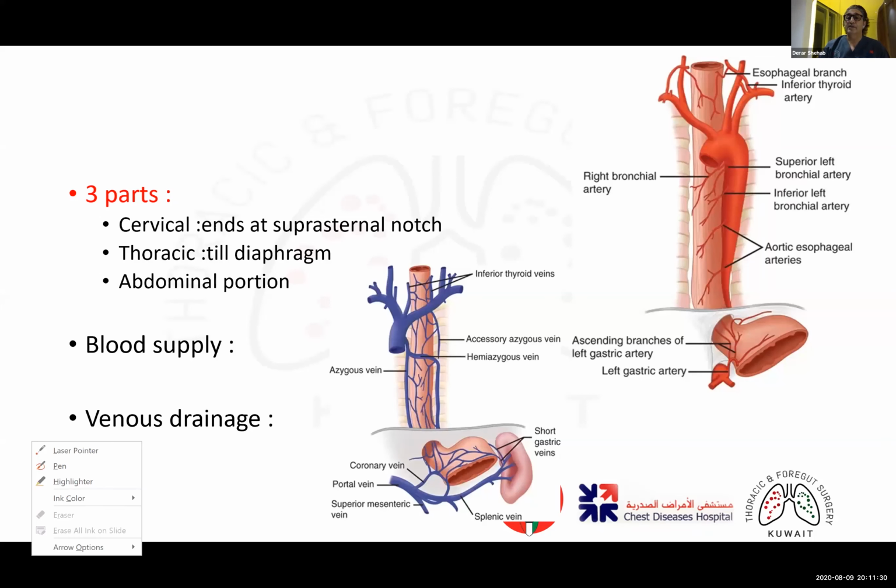In the abdomen, it is an ascending branch from the left gastric artery. The venous drainage more or less corresponds to the arteries. In the neck, it's the inferior thyroid vein. In the chest, it drains into the azygos and hemiazygos. And the abdomen drains to the portal vein through the left gastric vein.